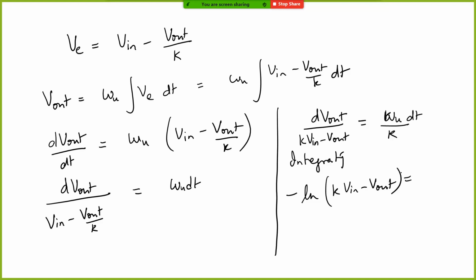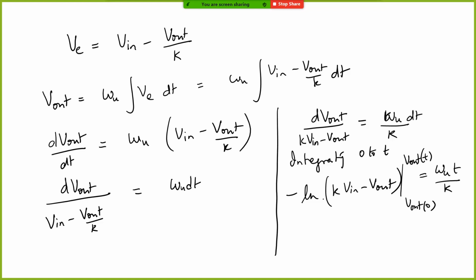This is equal to, so we are integrating from the limits, basically from V out at 0 to V out at time t, is equal to omega u t by K. So the integration is from 0 to t, all right.